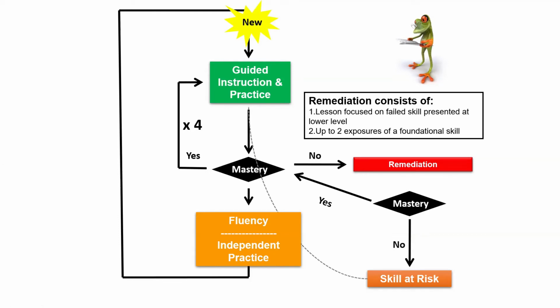And what that means is that the program has tried to provide some additional support, some intervention with the student, and the student was still unable to demonstrate mastery of the skill. So that's a warning for you that you may want to investigate why the student is having difficulty with this particular skill.